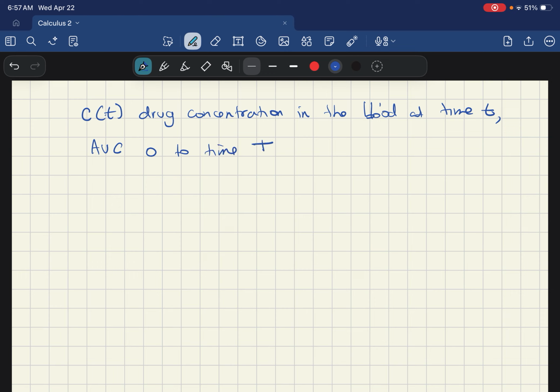So what do we need to do? We need to find C of t. We need to find this integral right here. So the area under the curve is equal to the antiderivative of C of t dt.